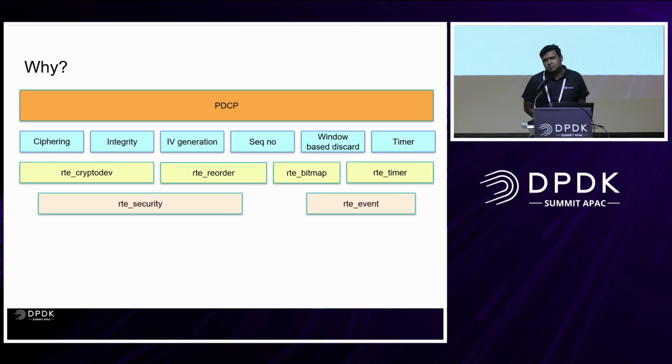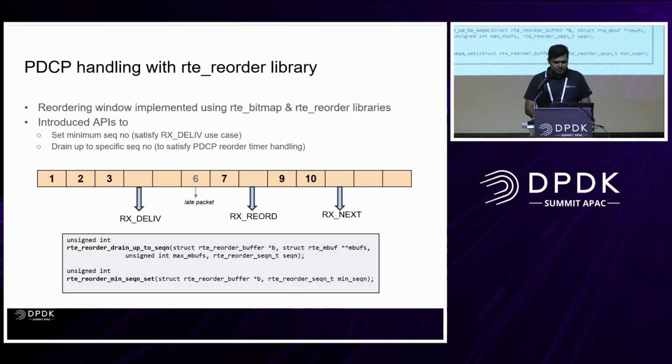From what I heard when you presented, certain things were not as similar to what the PDCP processing layer required. Hence, it was modified. So are these modified changes put back into RT reorder? If yes, did we add a new set of APIs, or did we extend the APIs? Can you please retouch on that?